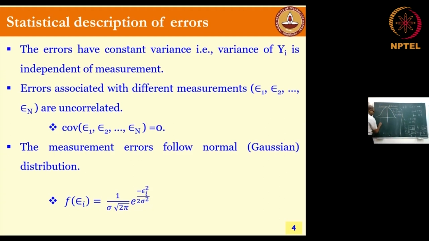So f of epsilon i follows this. The root of sigma square can be taken out; I've written it as sigma outside the root, which is also okay. Then minus epsilon i square divided by 2 sigma square. When you plot this, it becomes like this. Then the integral is actually the probability, which we will see a little later.